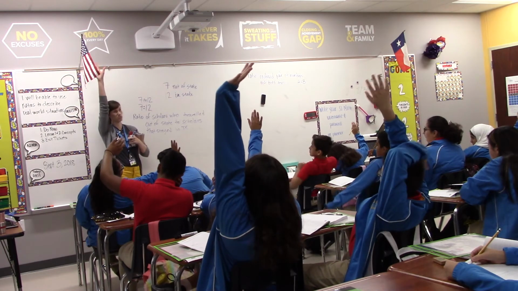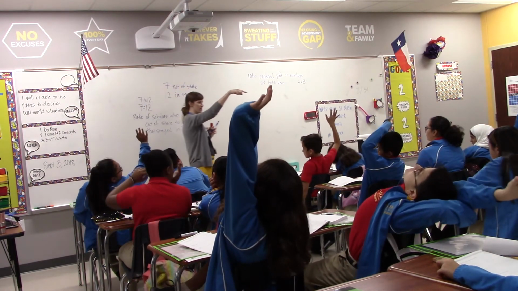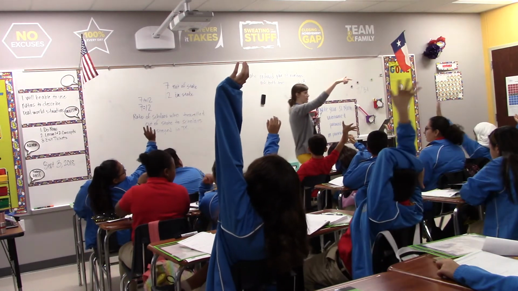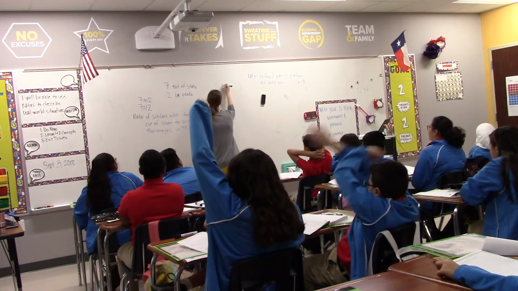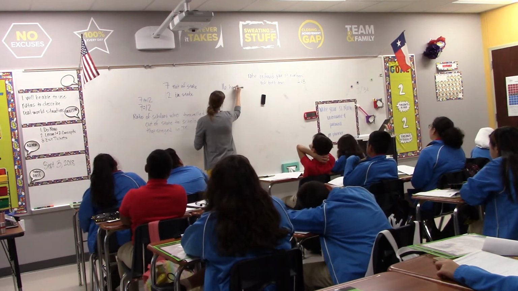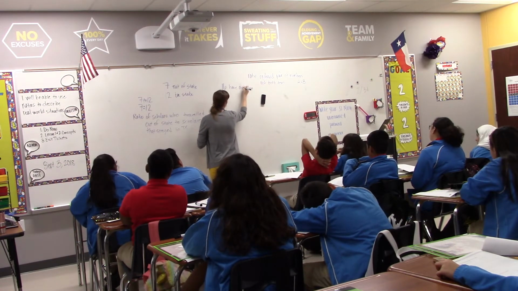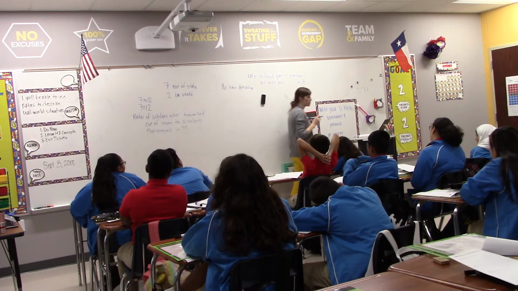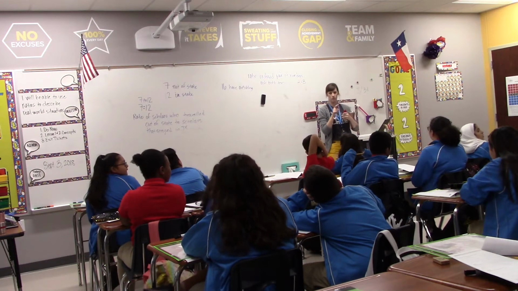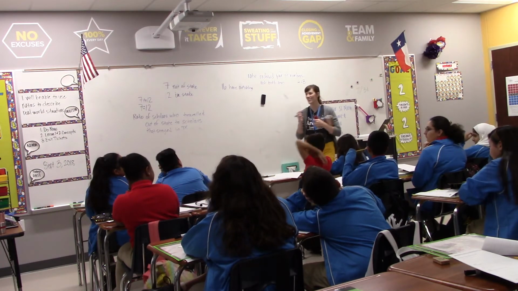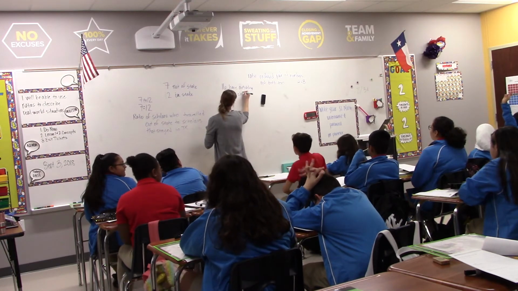At least one. 16 of us, goodness, 16 of us have one sibling at least. Okay. How many of us are an only child? Raise your hand. Somebody said lucky. 3 of us are the only child.